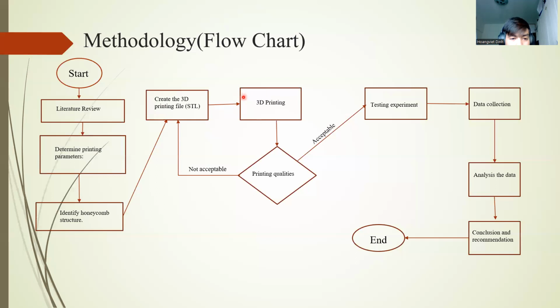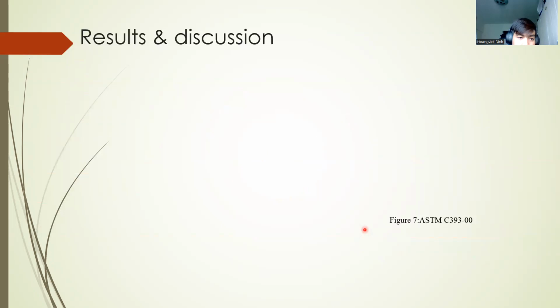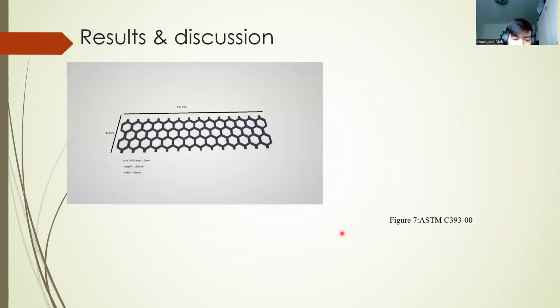After that, we go to 3D print, and if the print quality is not acceptable, we recreate and reprint. If the printing quality is acceptable, we go to test experiment and data collection. After that, we will analyze the data we have collected and give some conclusion and recommendation for the result.